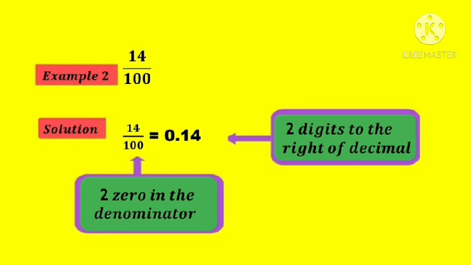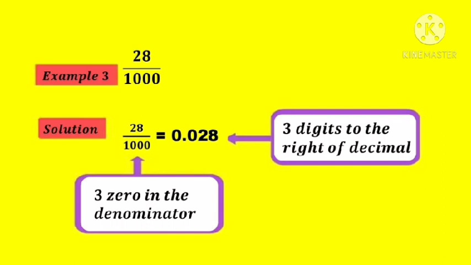Now, 28 by 1000. Here, this decimal fraction is written as 0.028. Three zeros are in the 1000. So, the decimal point should be after 3 digits from the right. But if you observe carefully, there are only 2 digits. So, in the place of tenths, we will put a 0.